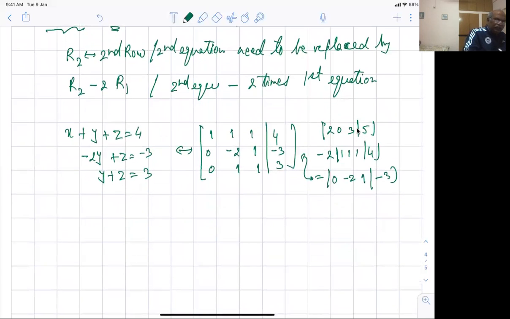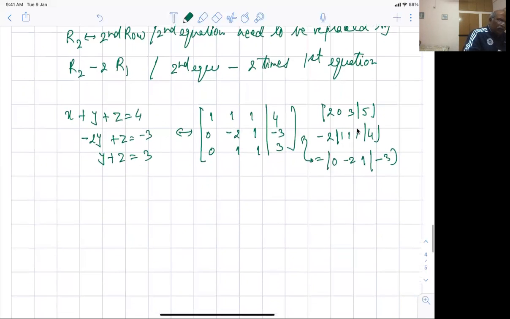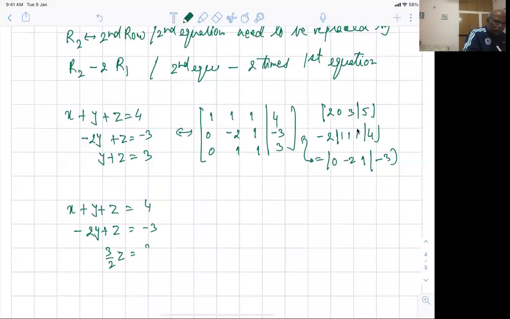Similarly, now I can use this equation again and remove the entry below it. I can interchange the rows that I am allowed, or I can just do it. So I can look at here, x plus y plus z is 4, minus 2y plus z is minus 3. Now multiply this by half and add, you'll get 0 here. So you'll get 3 by 2 z is equal to 3 by 2.